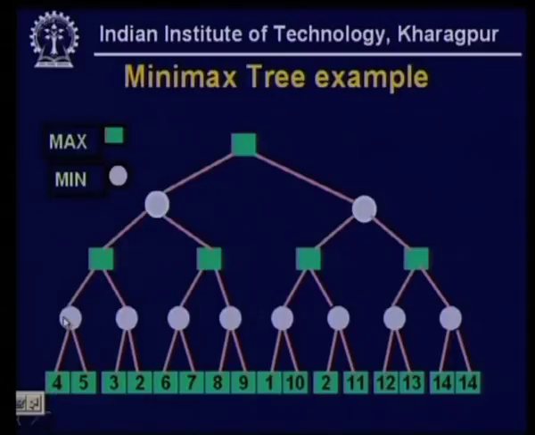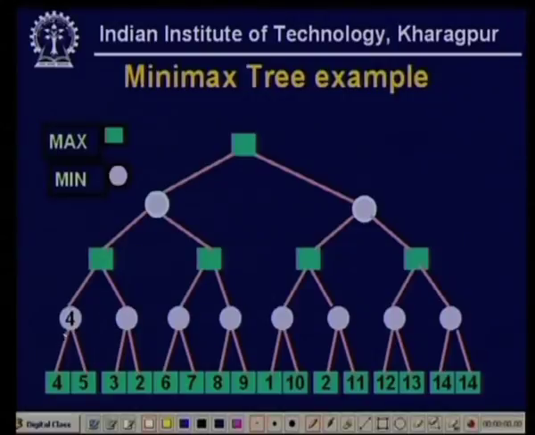Therefore, the beta value of this min node is 4, that is, the value of this min node is less than or equal to 4. Now, after this node is evaluated, the value of this min node will be equal to 4. So initially the value at this min node is at most 4, and when this is evaluated, the value at this min node is equal to 4.